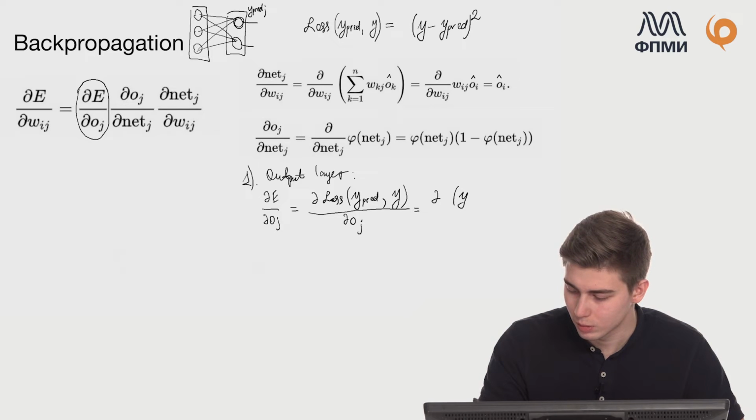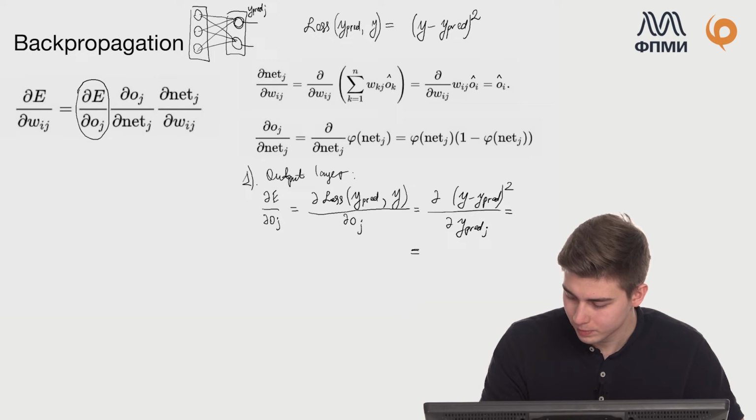We can write the derivative of (Y minus Y predicted j) squared with respect to Y predicted j, and it is equal to 2 multiplied by the difference.